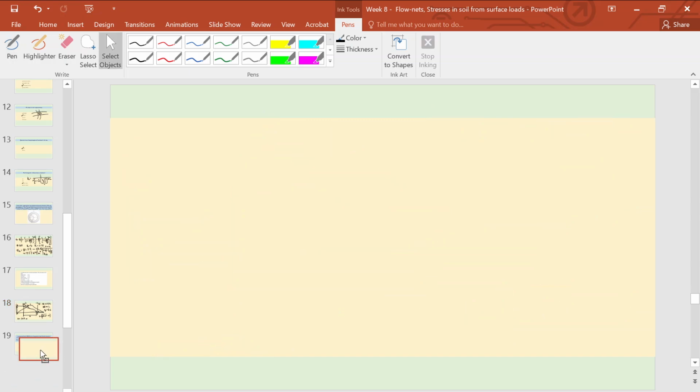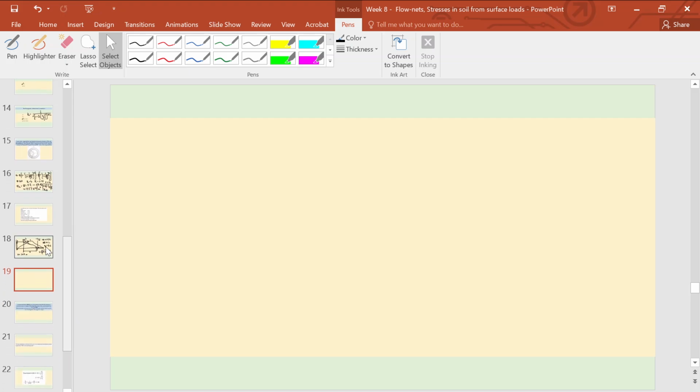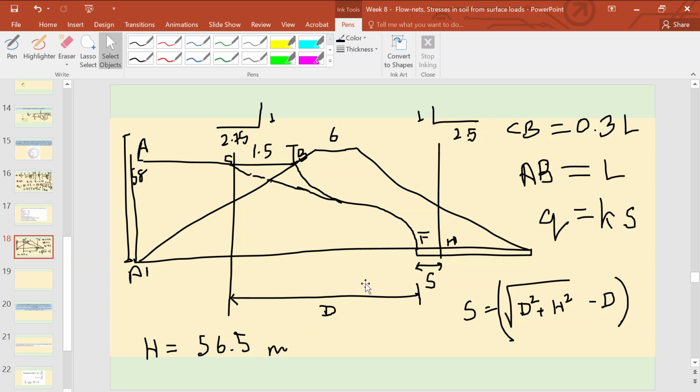I think we'll need another slide over here. To find out D, we have to add up a few things. First of all, we will need this 0.3 L, the CB distance.